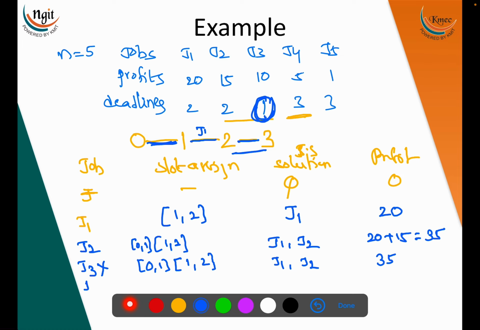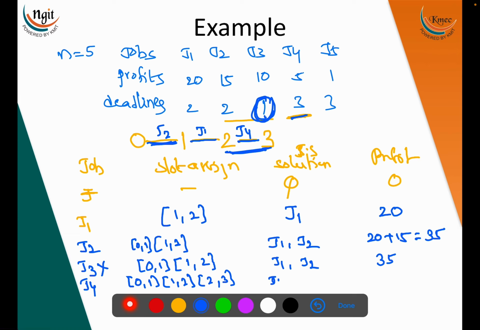Now again select J4. J4 can wait till 3 hours of time, so I can accommodate J4 in a slot. J4 means 0 comma 1, 1 comma 2 and 2 comma 3. One slot is given to J2, one to J1, and this slot is given to J4.